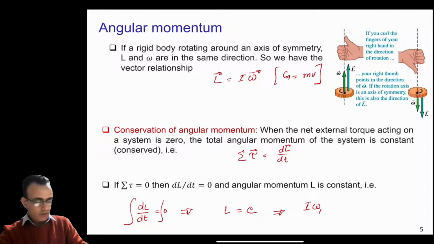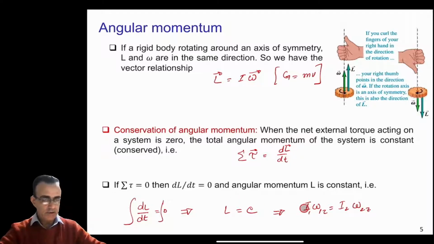So this means that I1 omega 1 is equal to I2 omega 2. I1 is the initial moment of inertia in case of angular motion, and omega 1z is the initial angular velocity. I2 is the final moment of inertia, and I1 may be equal to I2, and omega 2z is the final angular velocity here.